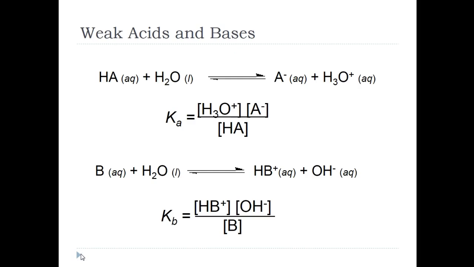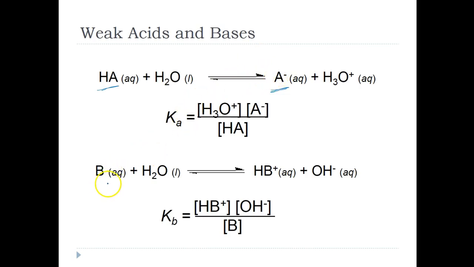If we look at the last slide, where we have HA, that's a weak acid. When it donates its proton, we have A minus. That's its conjugate base, because A minus can now accept a proton to turn back into HA. So we have a weak acid, and what is left is a weak base, but they are called conjugates.